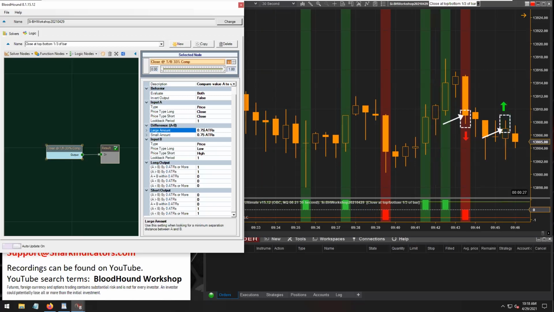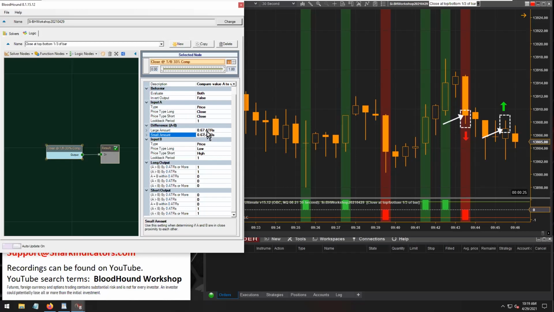So we would put in 75% or 0.75 if we wanted to find the close within the bottom quarter or the top quarter. Again, you just take whatever percentage or fraction you're looking for and subtract it from 100%, and that's what goes into the difference amount there. So let me put this back to 2/3 here.